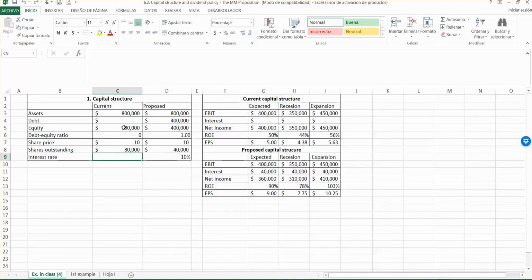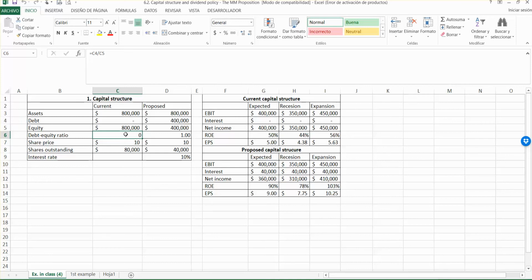But the proposed, we have 50% of debt and 50% of equity. Then we have the debt equity ratio, which means how much of debt we have in our firm. So obviously the first one, current position, we don't have any debt equity ratio.